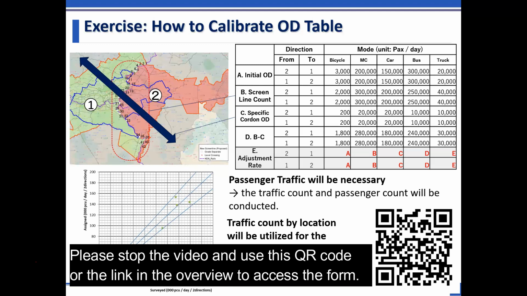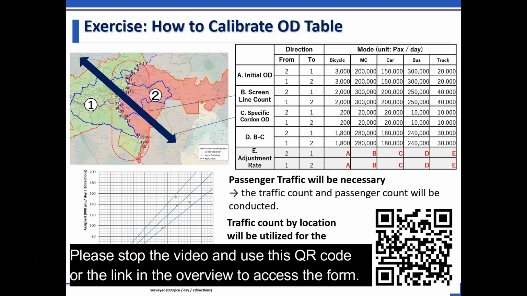And according to the traffic count on the screen line, such traffic volumes are estimated. This is one of the points. And from the cordon line surveys, some trips crossing the line are collected.